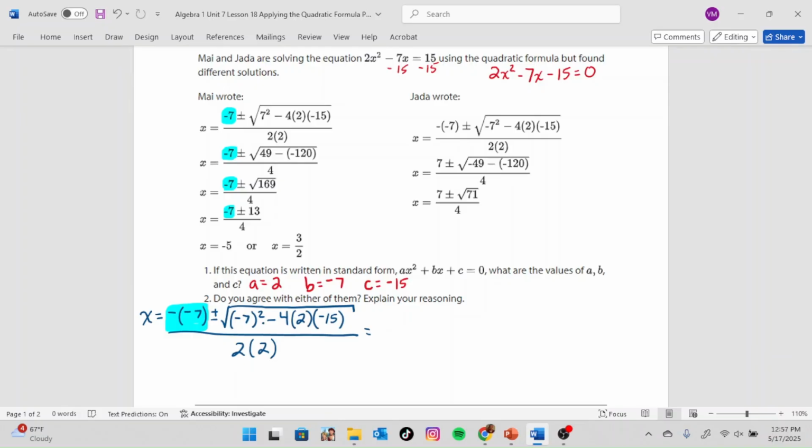As we just said, negative 7 is going to become positive 7, plus or minus the square root. We have negative 7 squared, which is 49.